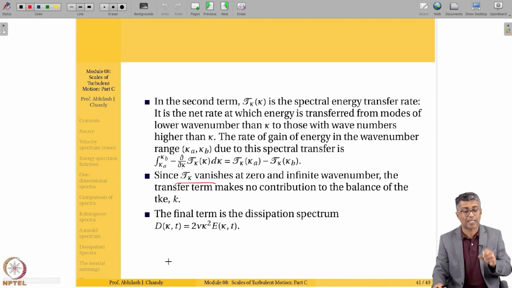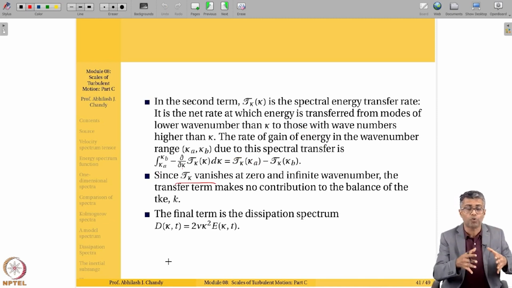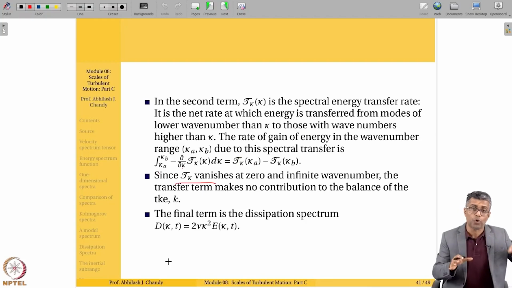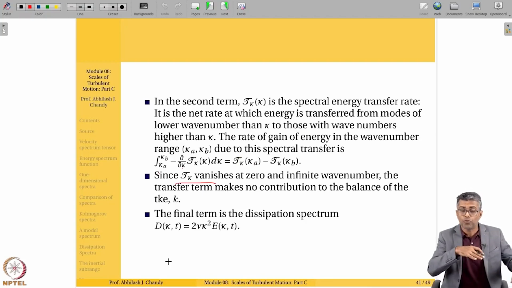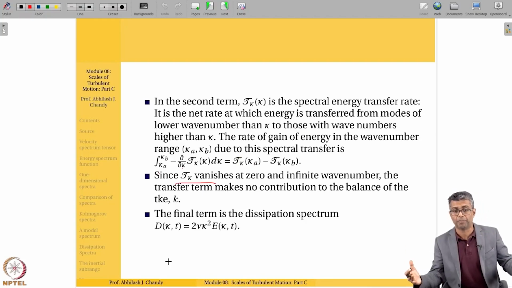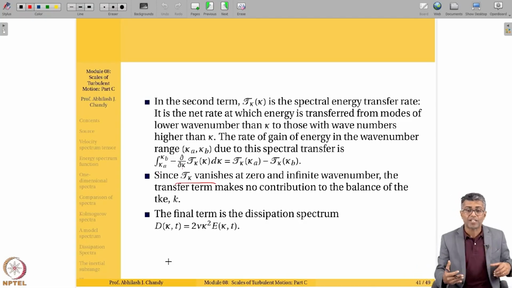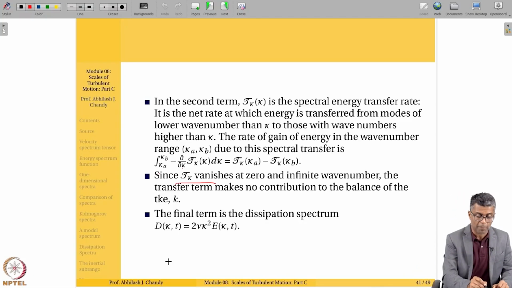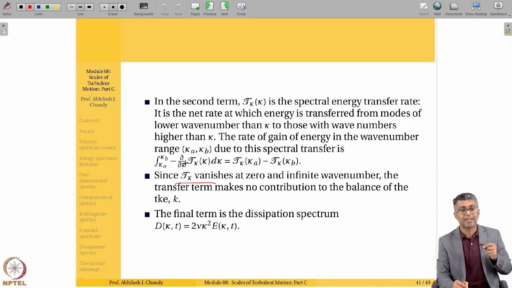It has to do with the contribution to the wave numbers from the production spectrum. The second term though, that is a little bit more complicated because it is the energy that is removed from wave numbers lower than kappa and moved to wave numbers higher than kappa. So that rate of gain of energy is basically that second term integrated from kappa A to kappa B, minus del kappa of Tk of kappa d kappa.